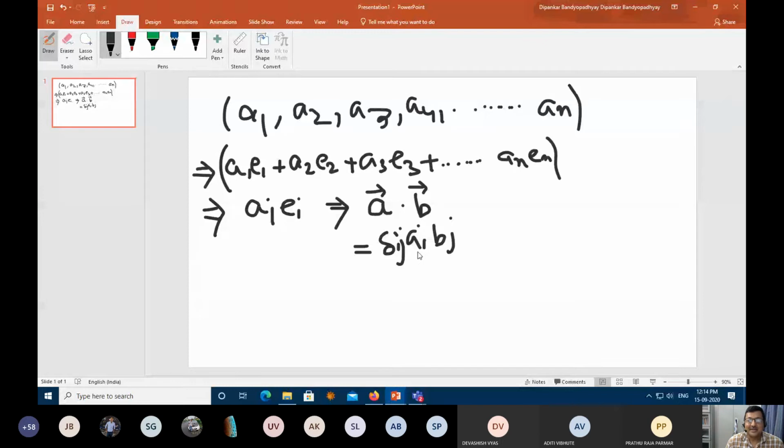Now, what does it mean, delta ij ai bj? You know that this is nothing but ai bi, which as per the understanding is A1 B1, A2 B2, A3 B3. But since you have made it ai bi, you can see that you can really cover the n-dimensional space associated with this.